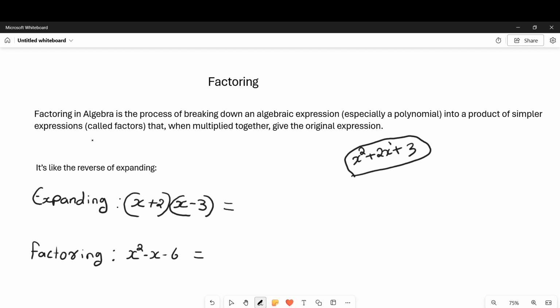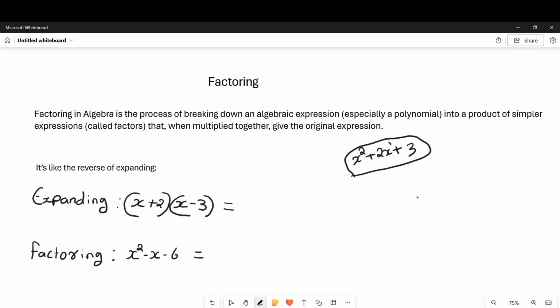As the definition says, factoring in algebra is the process of breaking down an algebraic expression into a product of similar expressions called factors. We saw the same thing in the case of a number.